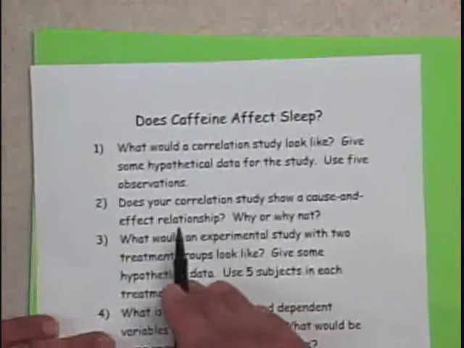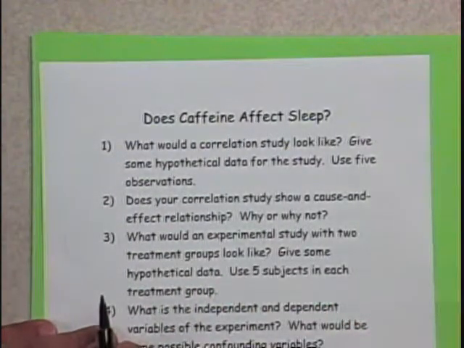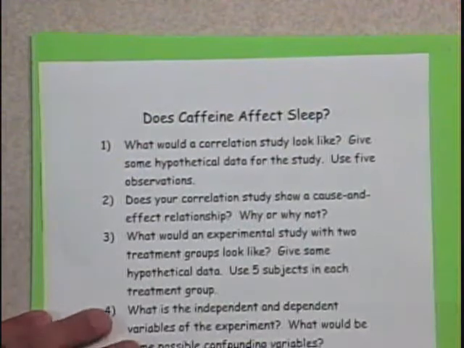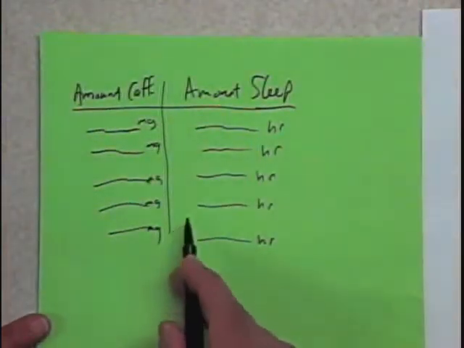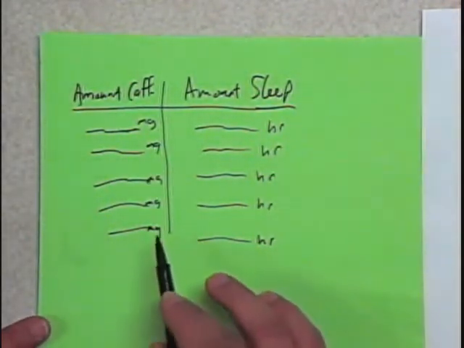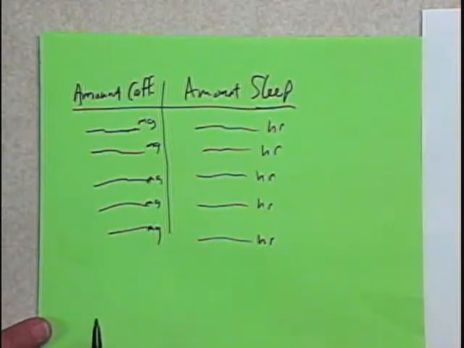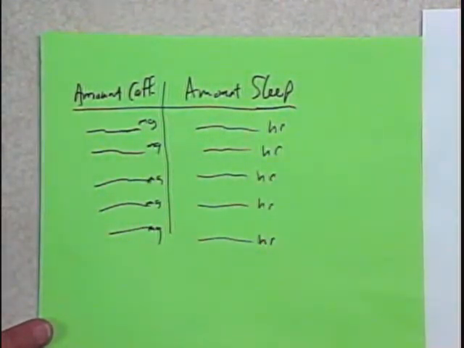if you had a negative correlation between the variables, would that show a cause and effect relationship? Why or why not? And the answer is no, it would not show a cause and effect relationship. The reason is because a correlation study does not show causation. Even if you had 100 values here and here, it wouldn't mean that there's a cause and effect relationship.